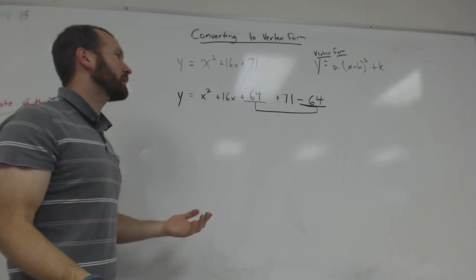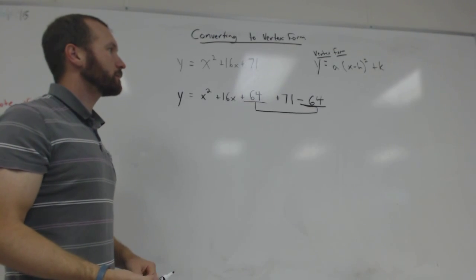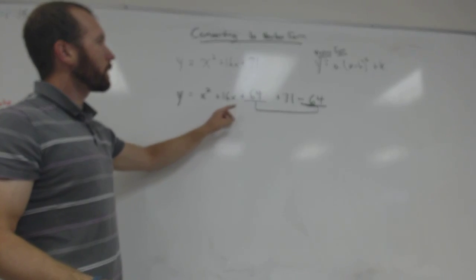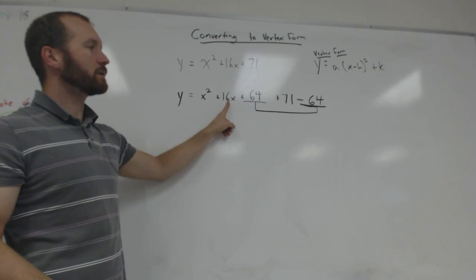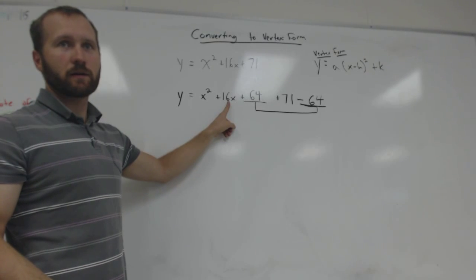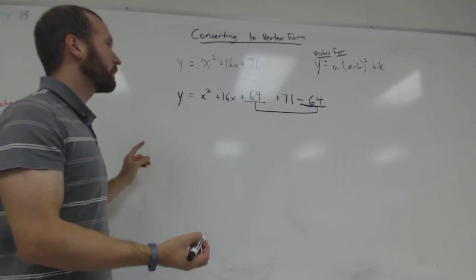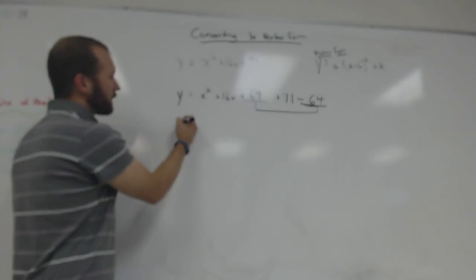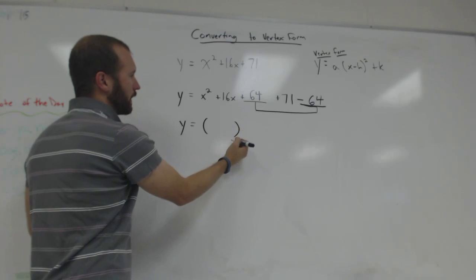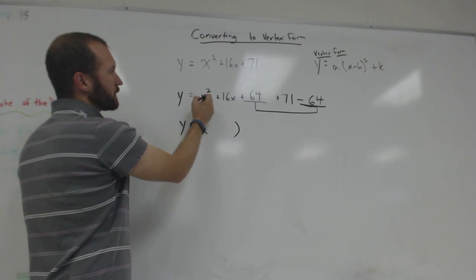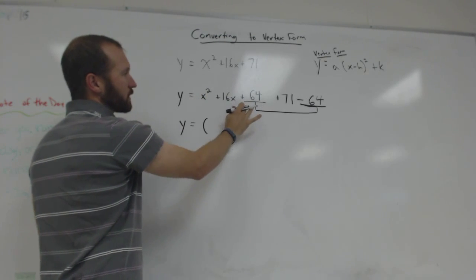Yeah, it's okay to add 0. So 64 is half of 16 squared, and you'll see why I did that in a second.